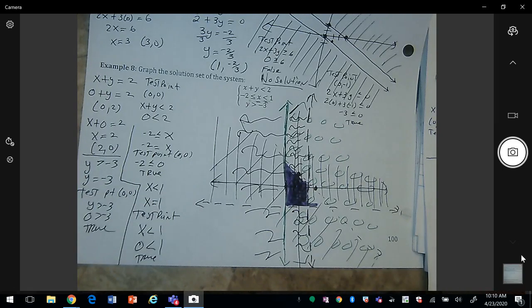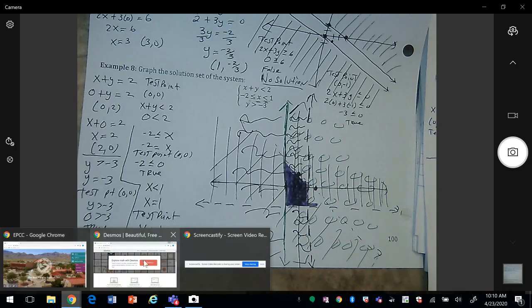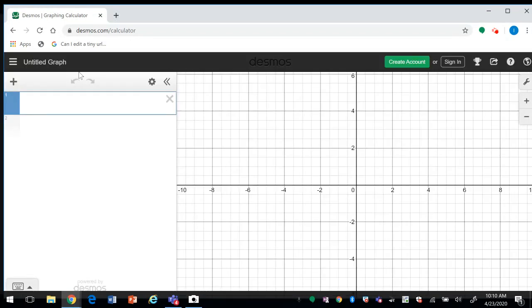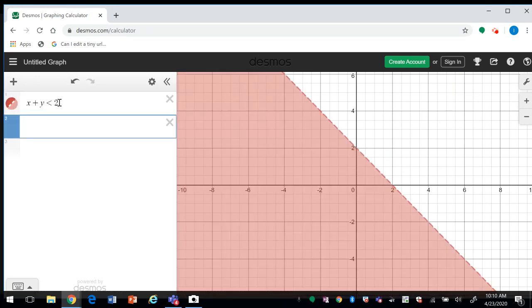Okay, so let me put this on Desmos. That way it's easier to see. So we have x plus y is less than 2. So it shades that in red. Notice the dotted line.